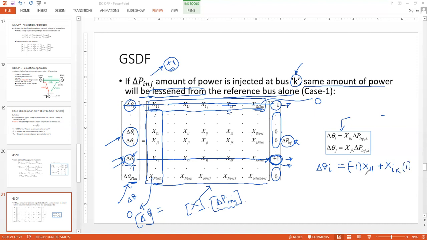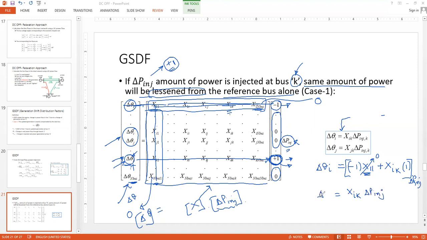And this whole is multiplied by del P injection. Now what is the value of x11? Remember, this whole row and this whole column are 0, so this will be 0, and we will be only left with xik into del P injection.